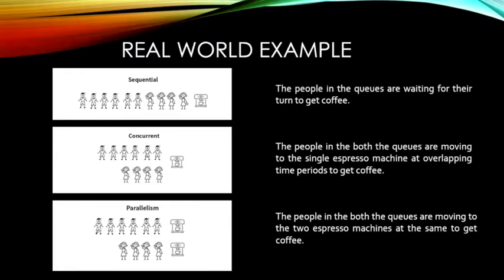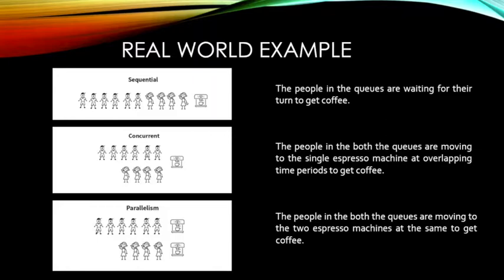In this way they think they might get their coffee a bit earlier. What is happening here is concurrent programming, because process 1 and process 2 are happening at the same time. Their time periods are overlapping, because the girls' process is happening and the boys' process is also happening at the same time. This is an example of concurrency.